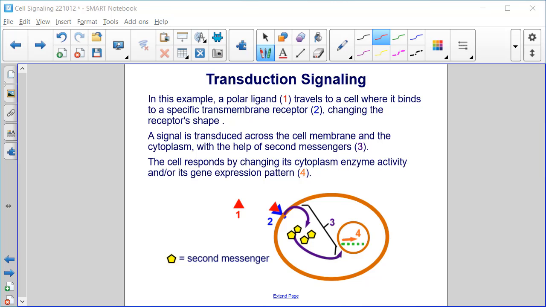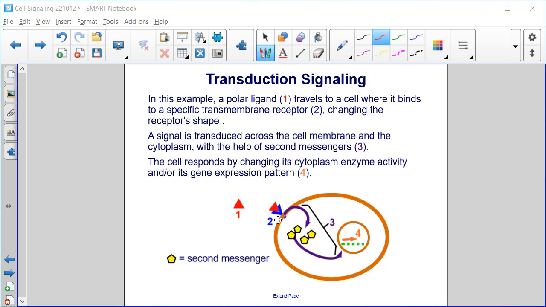Transduction signaling. In this example, a polar ligand, indicated by the red triangle labeled 1, travels to a cell where it binds to a specific transmembrane receptor, indicated by the blue Y labeled 2. What that does is change the receptor's shape.